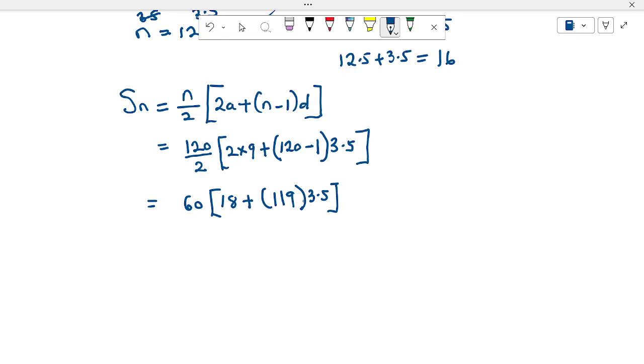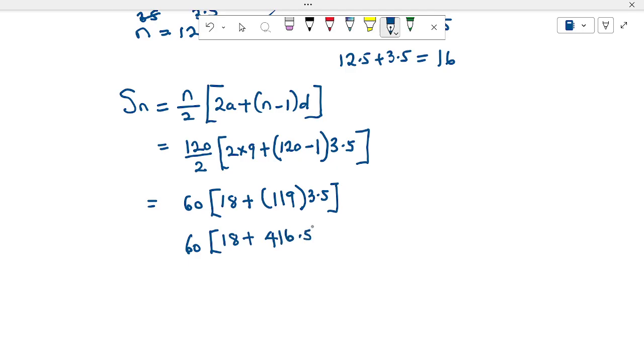You can quickly do it. I'm doing mine here because I want this to be as practical as possible. 119 times 3.5 is giving us 416.5.